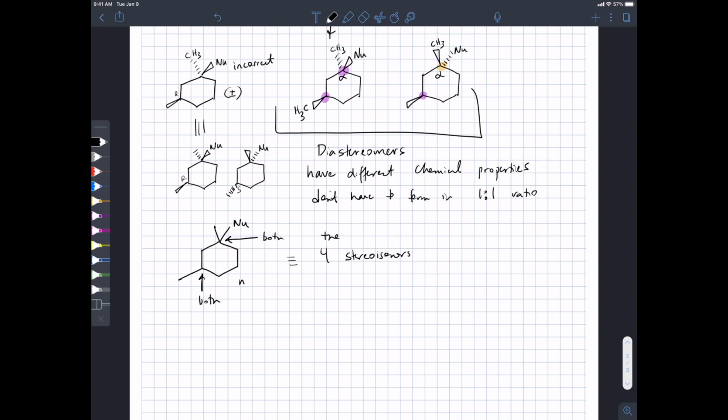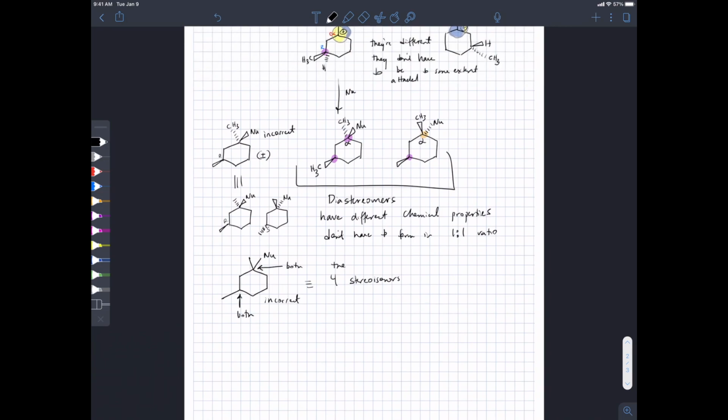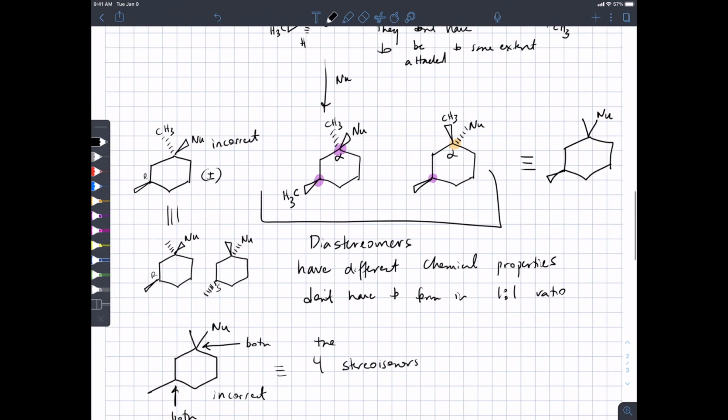So this is also incorrect. The correct way, if you wanted to simplify, it would be okay to keep the R stereocenter there and draw it out, but then to use no dash or wedge at the other one.